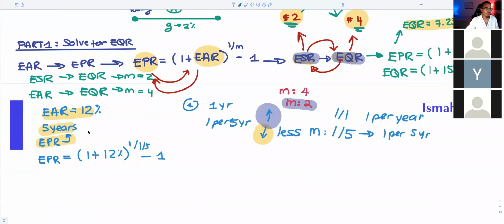And I'll give you another example just to make sure that we're on the same page. If we were moving from an effective annual rate to an effective monthly rate, okay?